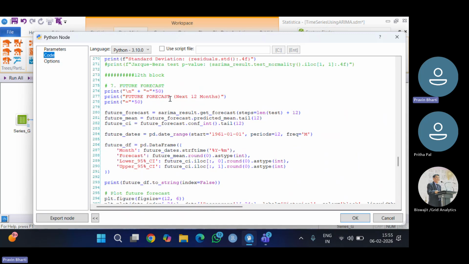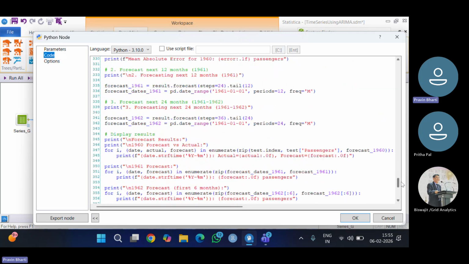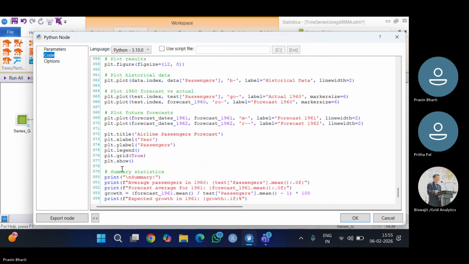Then in the 12th block, I have forecasted and plotted the forecasted values, printing the forecasted values, and these are the summary statistics.